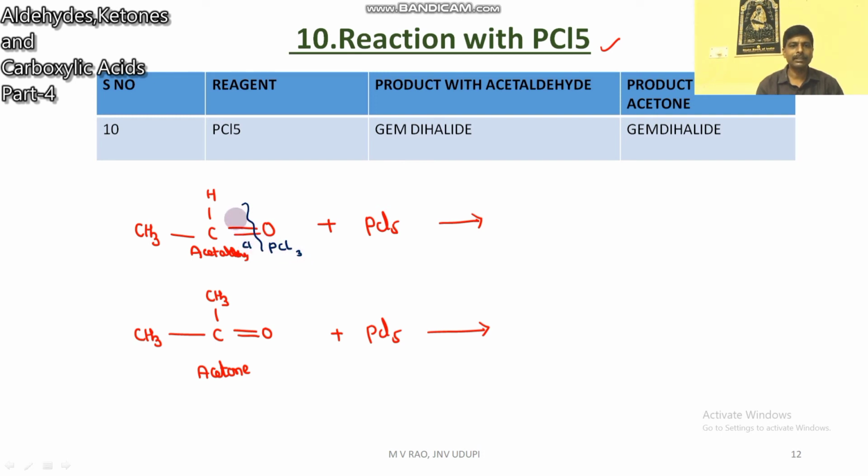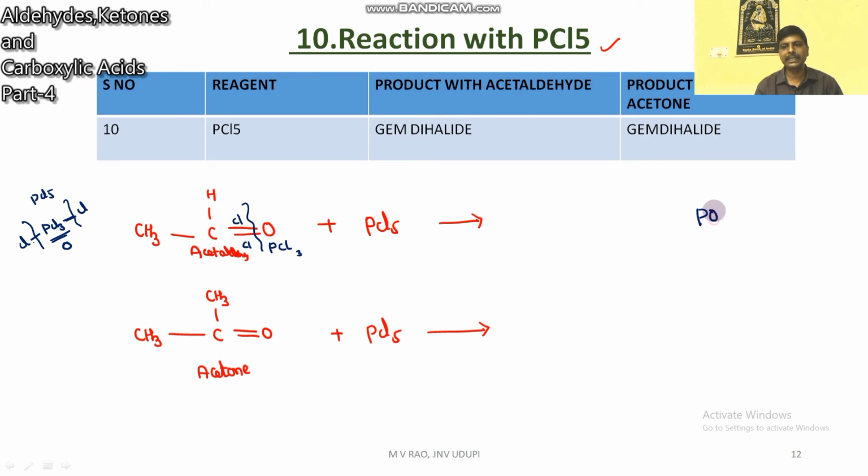PCl5 means PCl3 Cl Cl like this. The PCl3 part adds to O, instead of one bond Cl, instead of another bond Cl. Like this it will break.